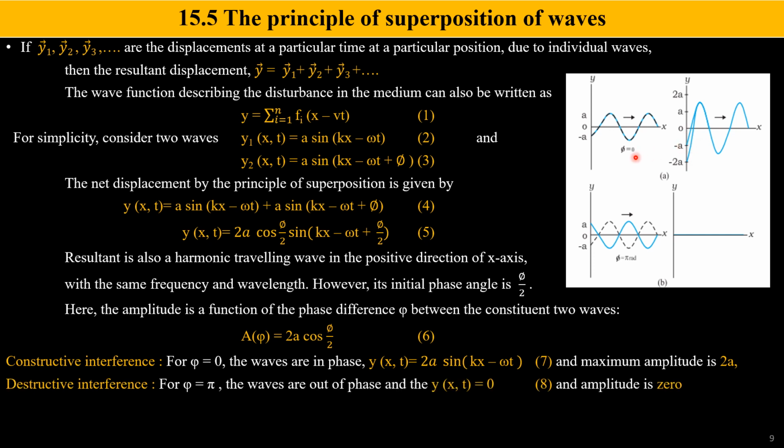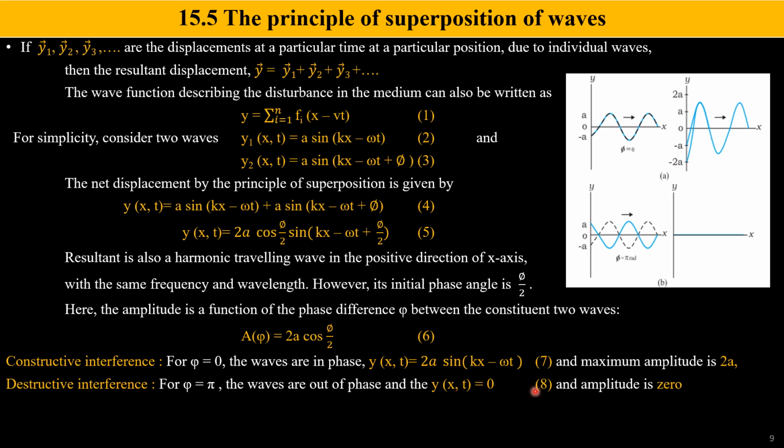In the next case, the phase difference is pi, that is 180 degrees. The waves are out of phase. Here, if you put the value of phi as pi in cos(phi/2), we get the amplitude y equals 0.